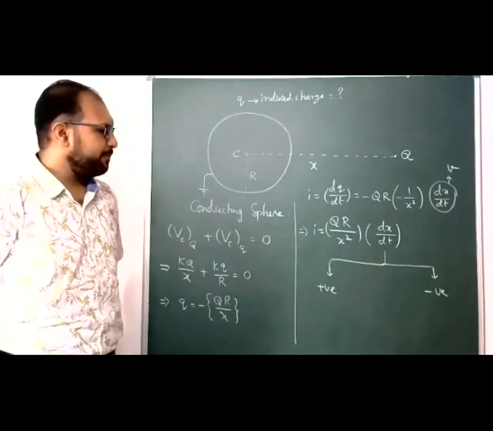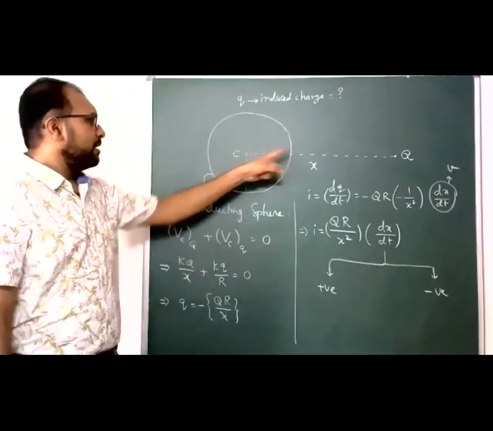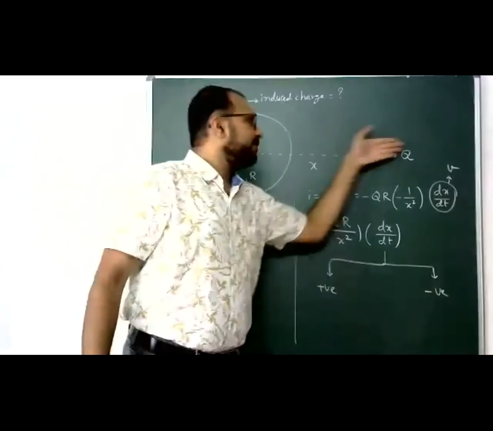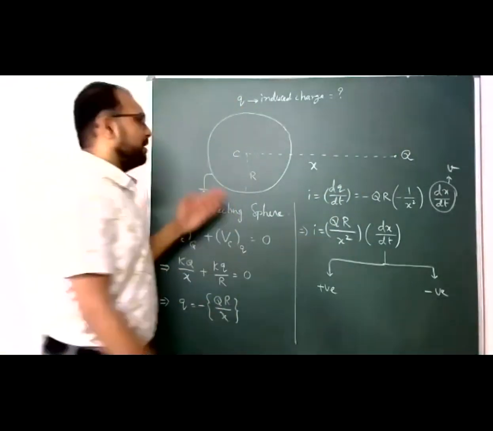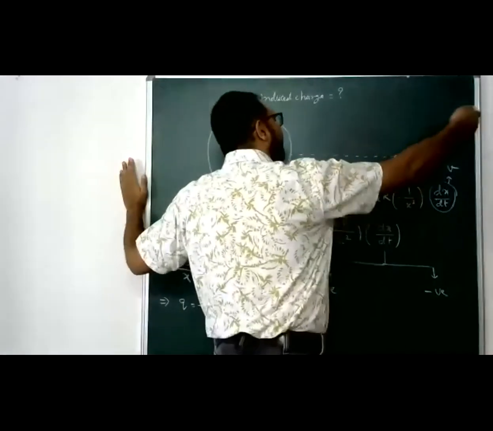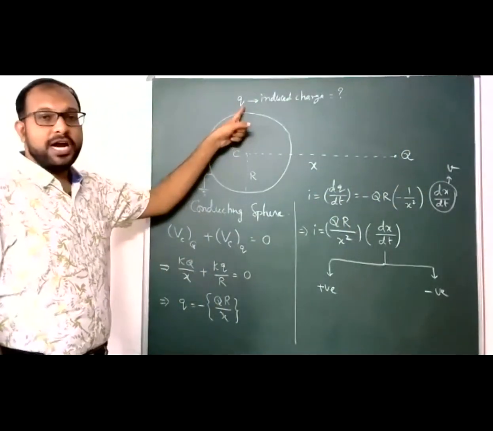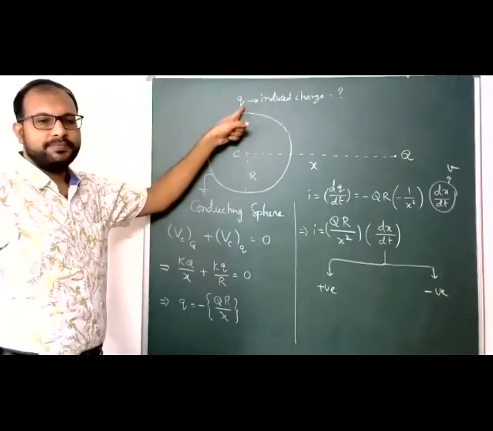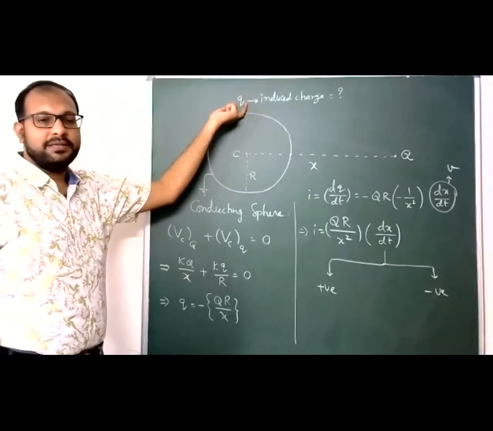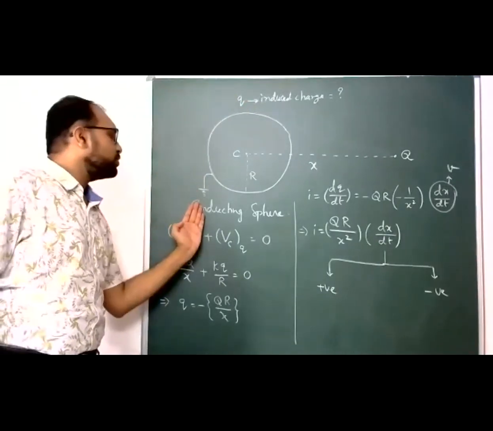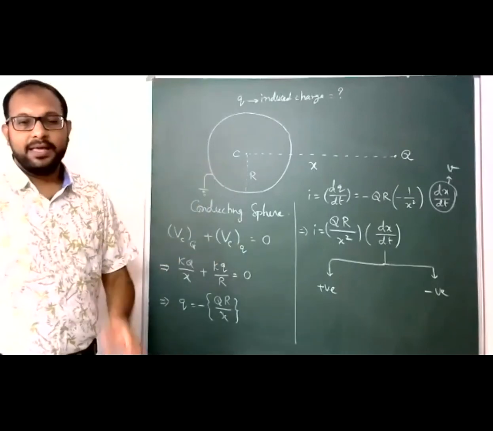What is the meaning of positive dx by dt? Velocity positive means the point charge is moving away from the center of the sphere. As Q moves away, the negative charge on the sphere is reduced, which means positive charge entered from the ground to the sphere.